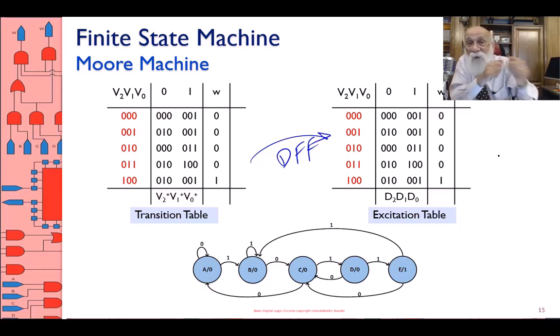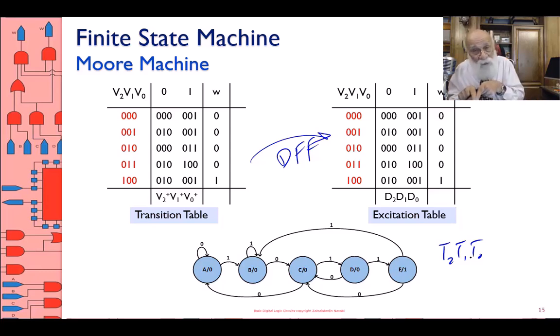Now look, I removed all those pluses. All I'm really looking at now is a pure combinational circuit. Maybe I decided to do T flip-flops. Still, I would have, instead of D2, D1, D0, T2, T1, T0, and still I would have a combinational circuit.